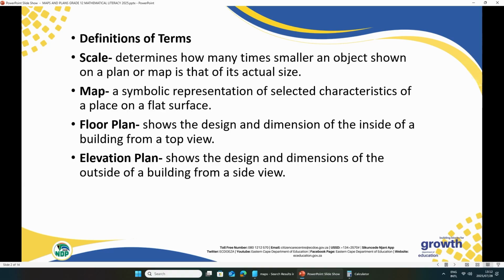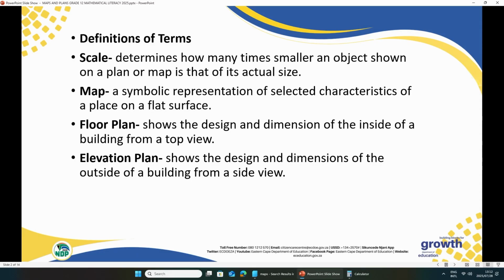The other term which is important is floor plan. A floor plan shows the design and dimensions of the inside of a building from a top view. You will see other books talk of the view from above or a bird's eye view. So the key word when you are explaining a floor plan is the top view or the view from above.